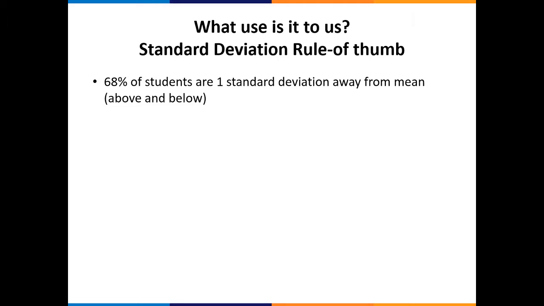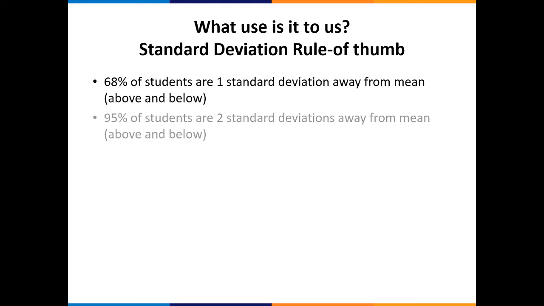So 68% of your students, for example, in that table back on one screen, 68% of our students fall within one standard deviation away from the mean, above and below. Meaning that if we took the mean, added one standard deviation, and subtracted one standard deviation and got two different numbers, 68% of our students fall within that range.